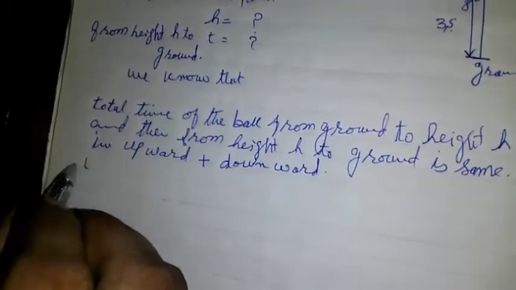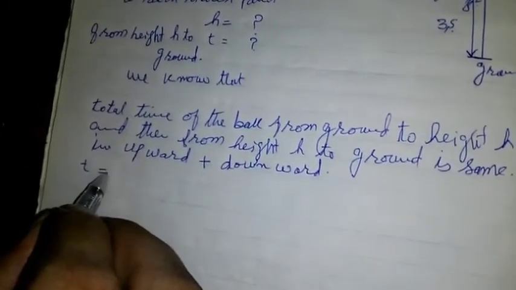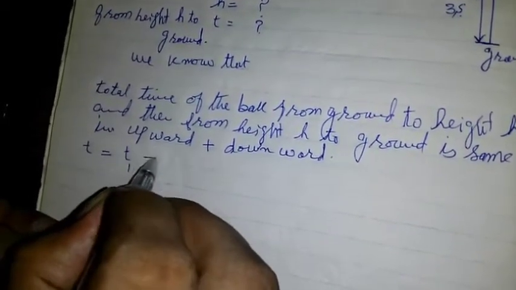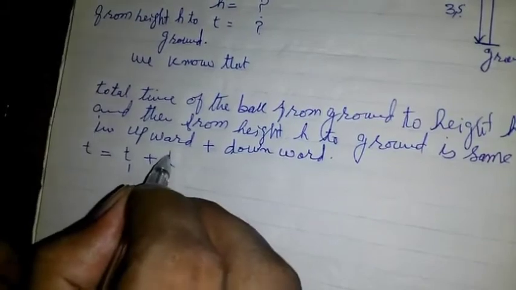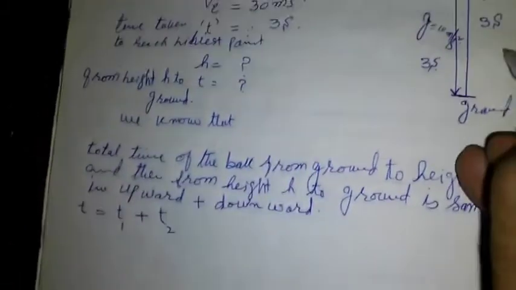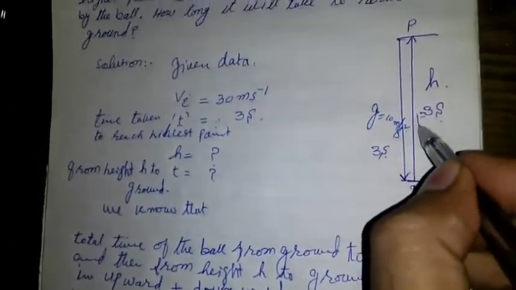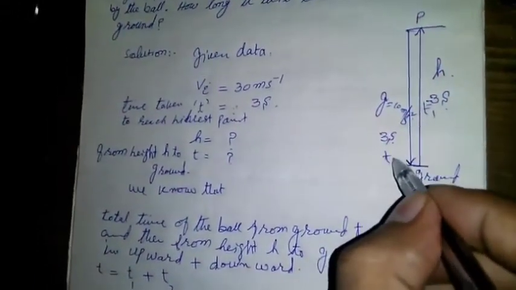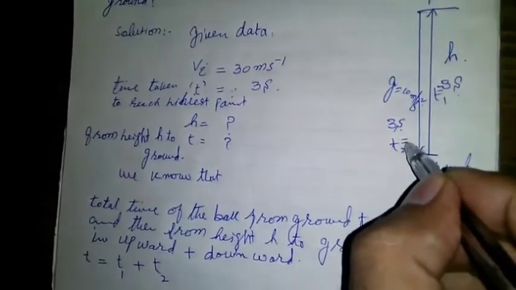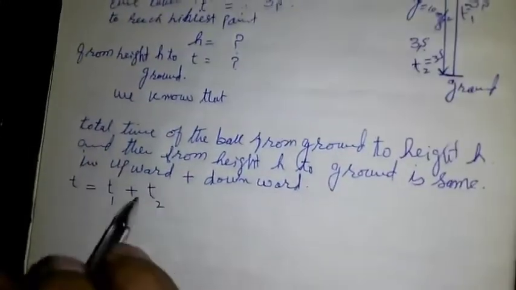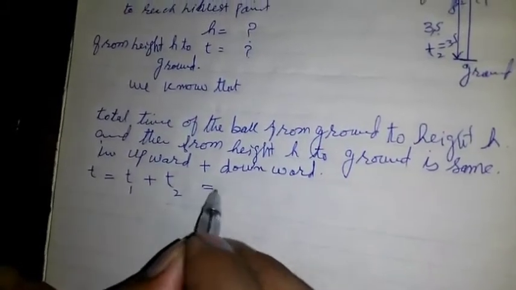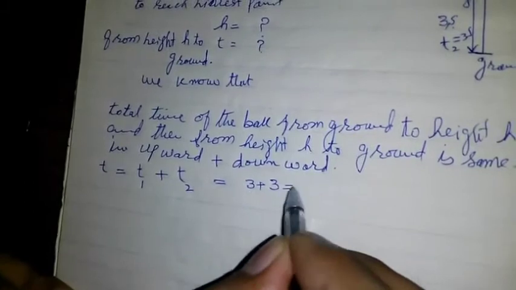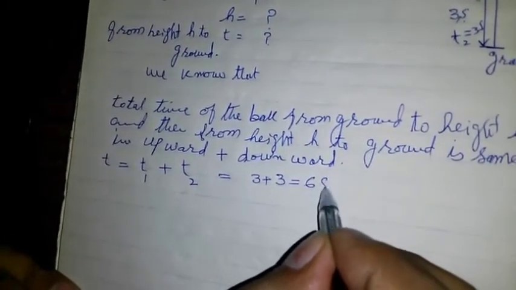So T is equal to time to height T1 plus time to ground T2, as we mention it with T1, and this on return journey is equal to T2, which is equal to 3 seconds too. This is equal to 3 plus 3 is equal to 6 seconds.